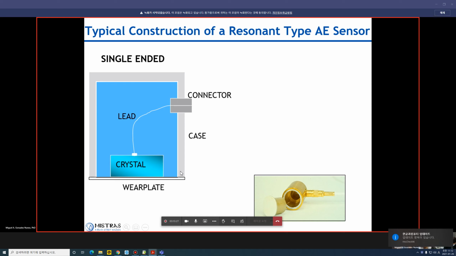That is the ground of your sensor. So the crystal itself is not affected by magnetic fields or electric currents. It's completely isolated.